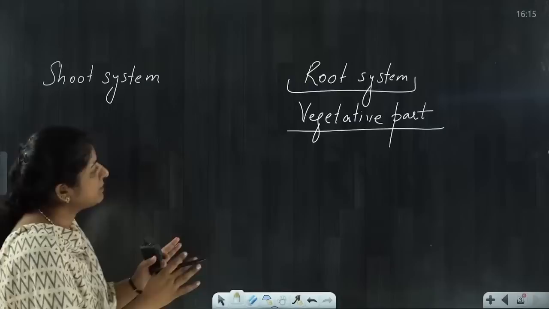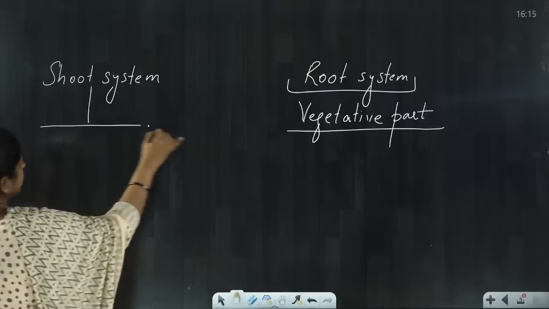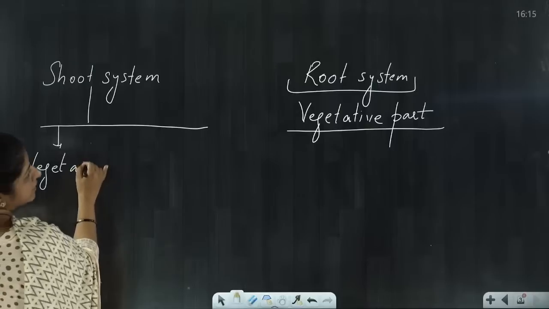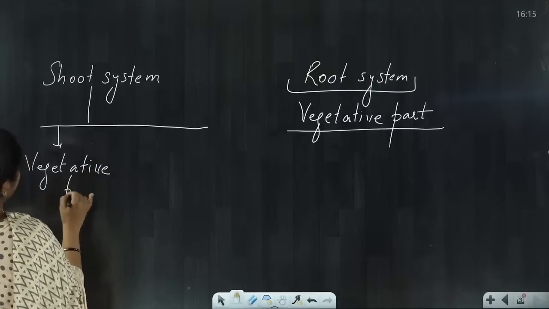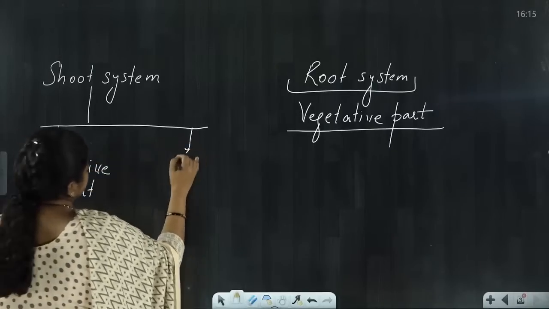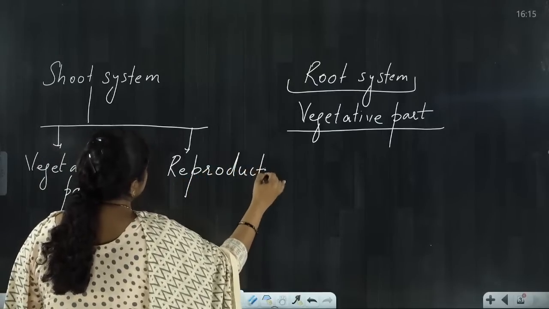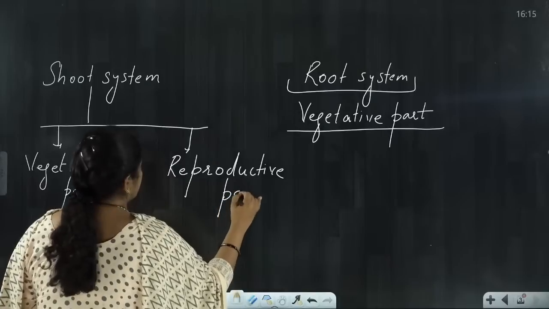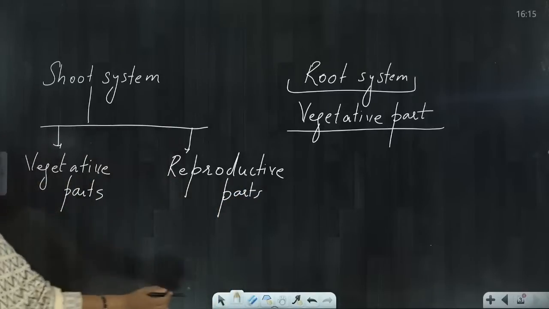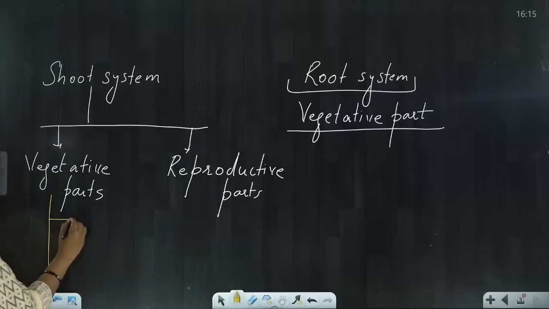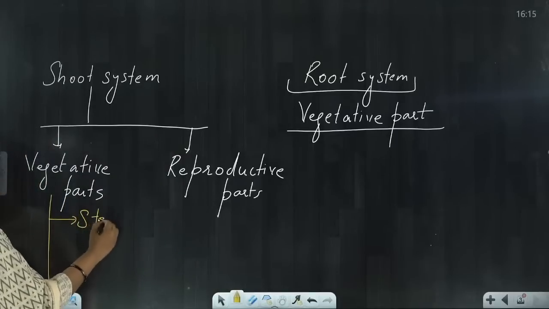So the root system is a vegetative part, but the shoot system includes both vegetative parts and the reproductive parts. Right? So what are the vegetative parts there? The vegetative parts include the stem, right?